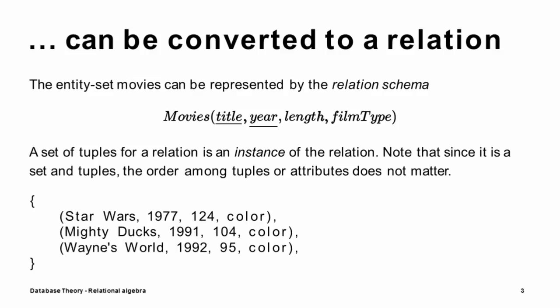If it's a set, then the order among the tuples and the attributes has no meaning. And sometimes you make a mistake here, and you think that the instance or the tuple that starts with Star Wars always comes before Mighty Ducks. But don't make that assumption. It can come in any order.